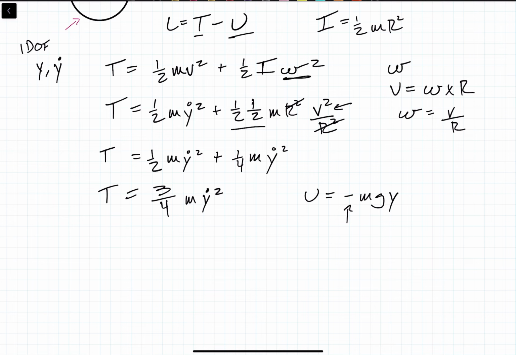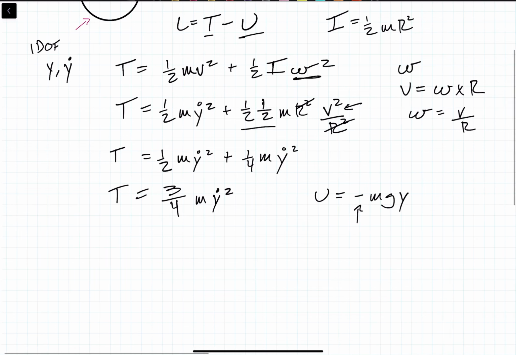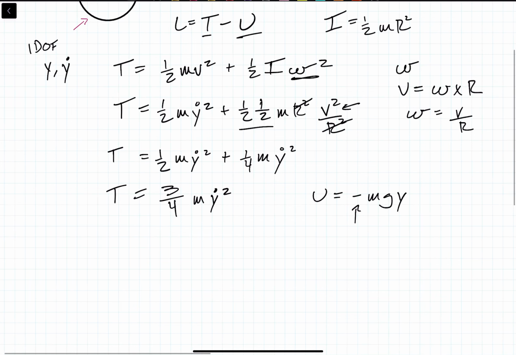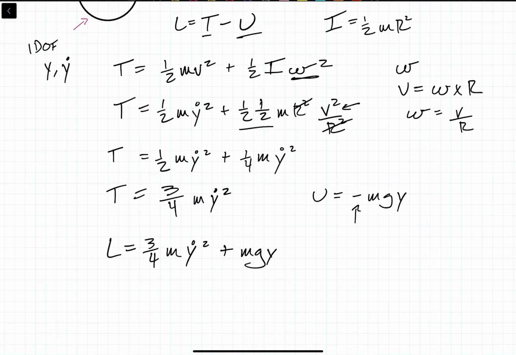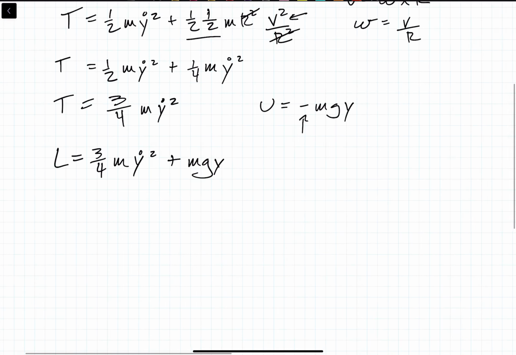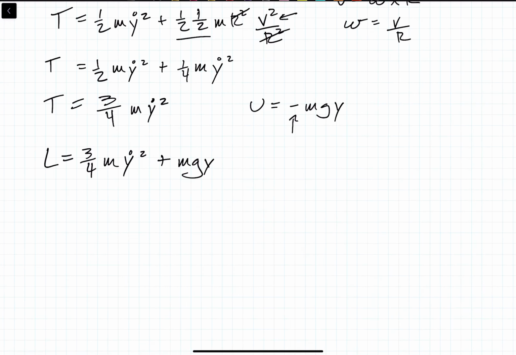So now we can rewrite our Lagrangian as L is equal to 3/4 m y dot squared. And because it's T minus U, and U is negative, this will become plus mgy. So now we need to determine the Lagrange equation of motion.